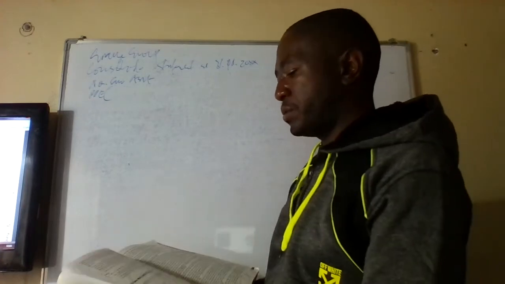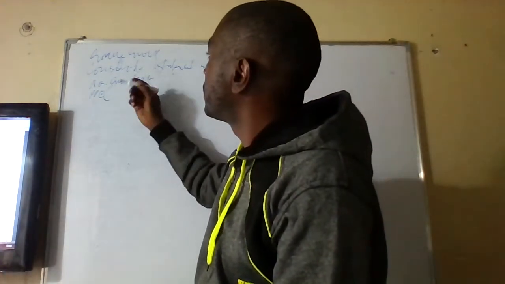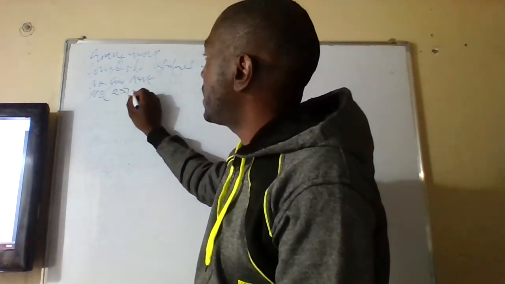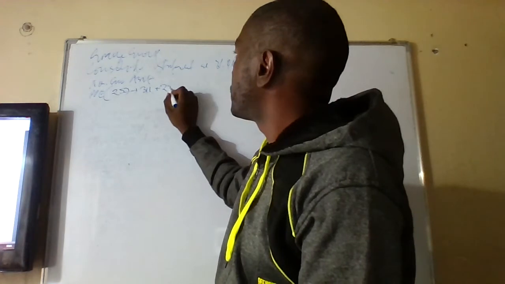Question 52. The given amounts, property, plant and equipment is 257 plus 311 plus 238.